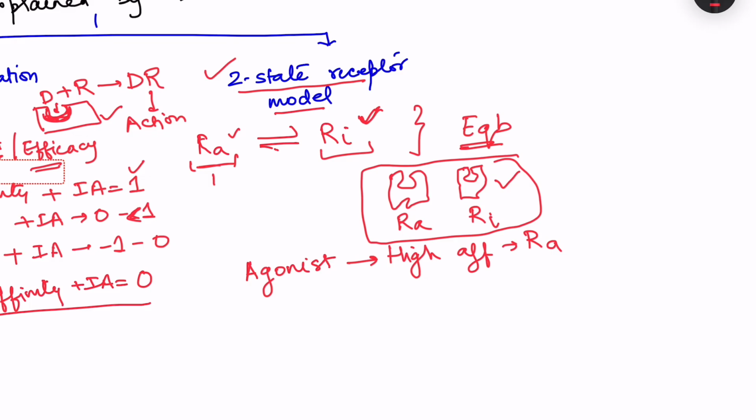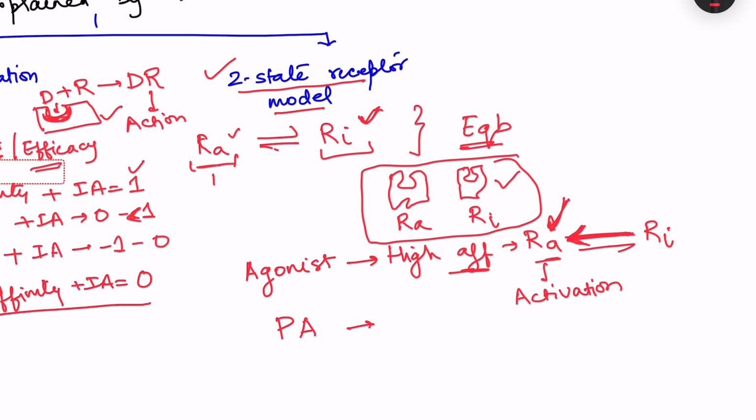So agonist has high affinity for activated state, so there will be activation, and it also shifts the equilibrium towards the active state. Okay, that means once it starts binding to the agonist, more and more receptors will shift towards the activated state, that is agonist.